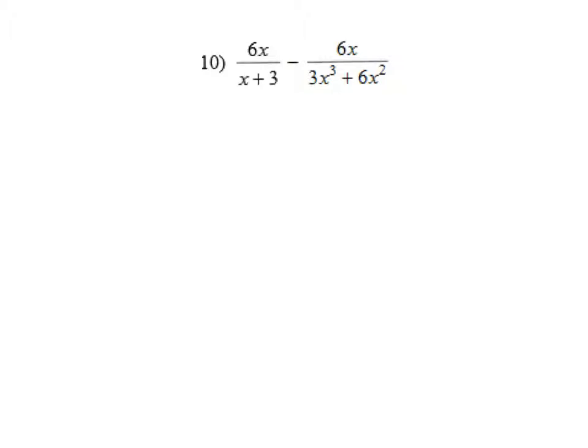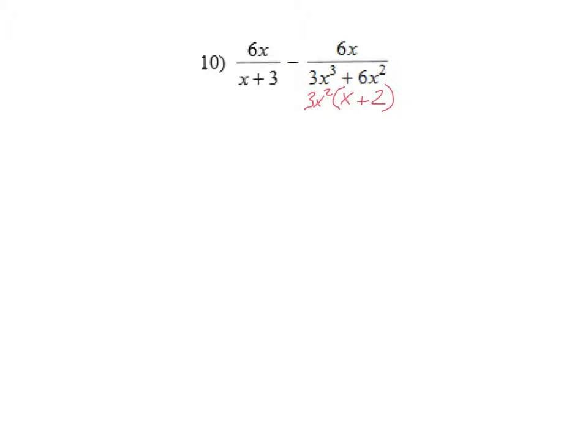All right, last example. Just another one similar to what we've been doing. I'm going to move pretty quickly through this. Let's start off and factor the right side here to see what we have. You pull out a 3x squared, and what we'll have left is an x plus 2.